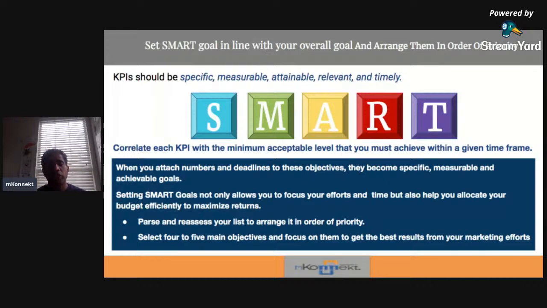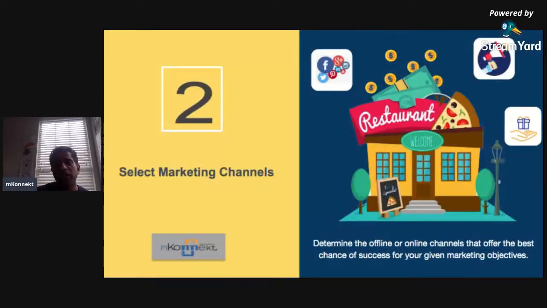Or you want to increase your loyal customers. If you have 10 people within your loyalty club, you want to increase them to 20 or something like that, which is relevant, right? So you have to have a relevant marketing objective, and it has to be time bound. You want to achieve these goals within a month and those kinds of things.